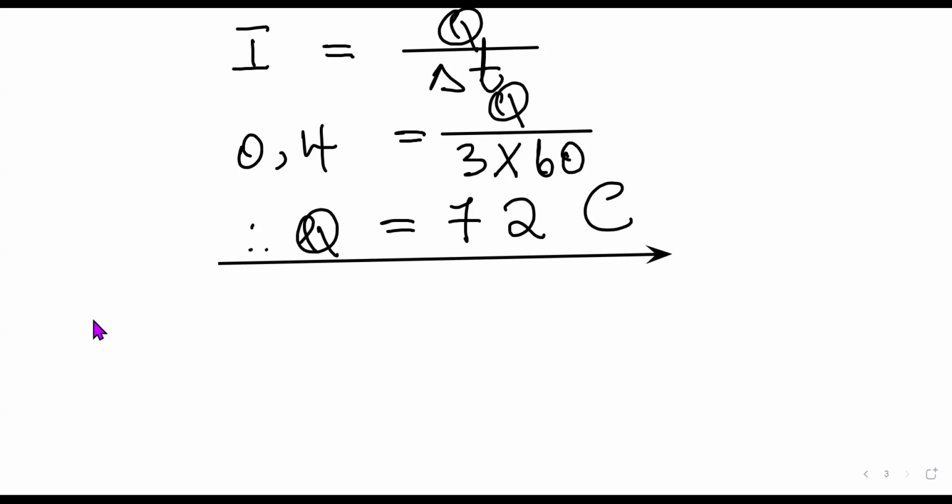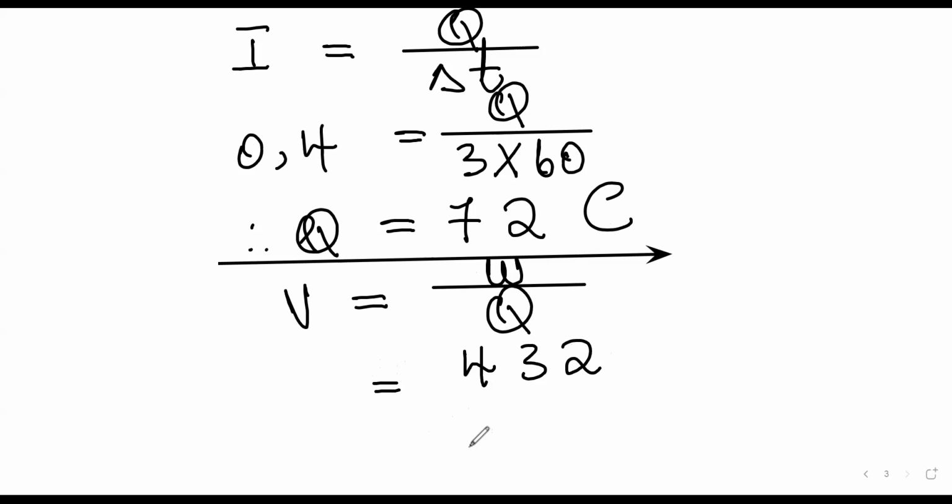And now it's easy to find the potential difference. We can just go on and say, well, it's defined as the amount of energy per unit charge between 2 points or across 2 points. And the amount of energy is given to us as 432 joules.